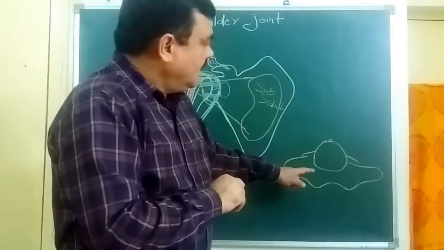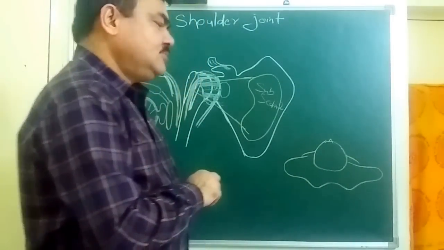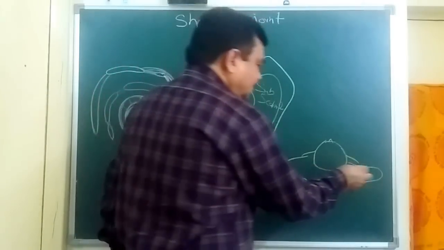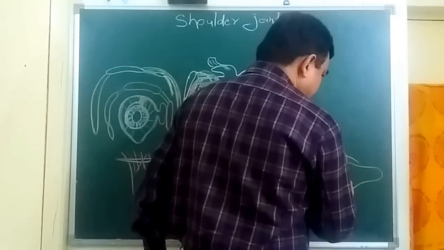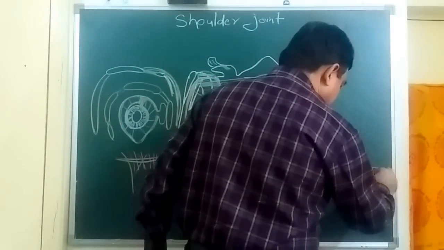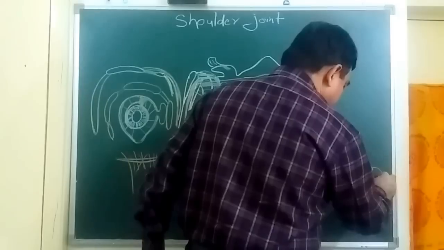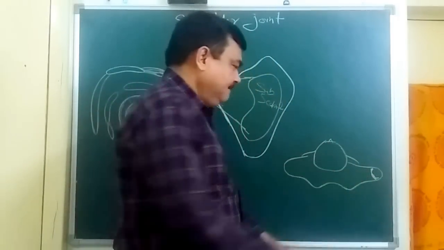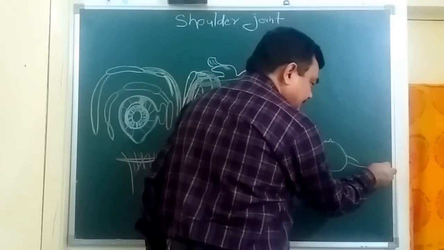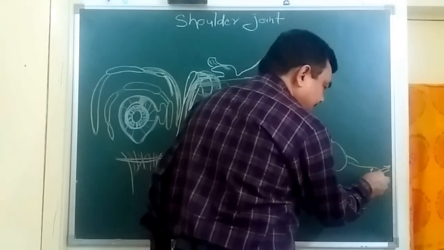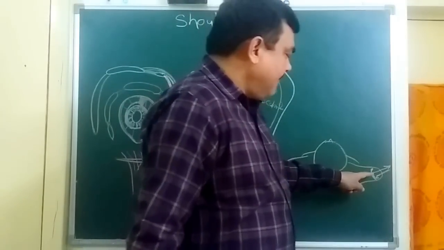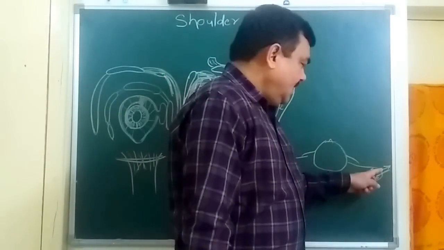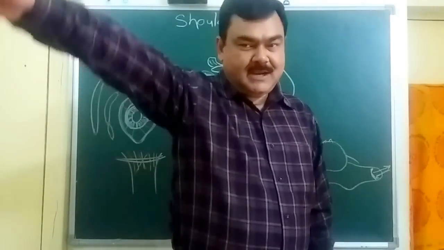This is the position you are seeing from above. Here is the position of the glenoid cavity. The direction of the glenoid cavity is anterolateral, not exactly lateral. So adduction and abduction take place in this direction, the anterolateral side.